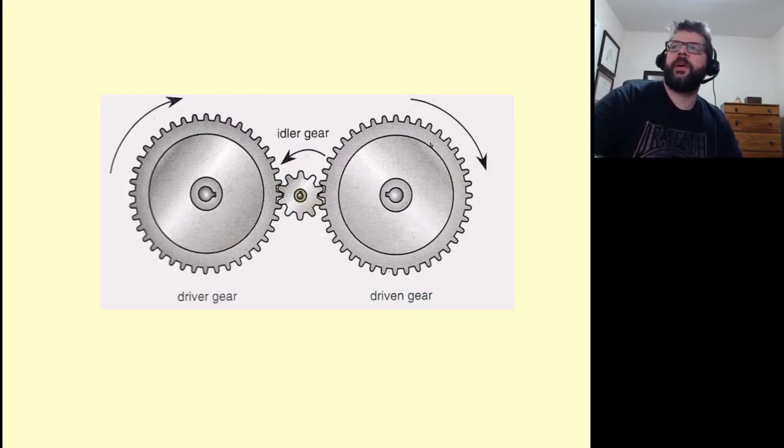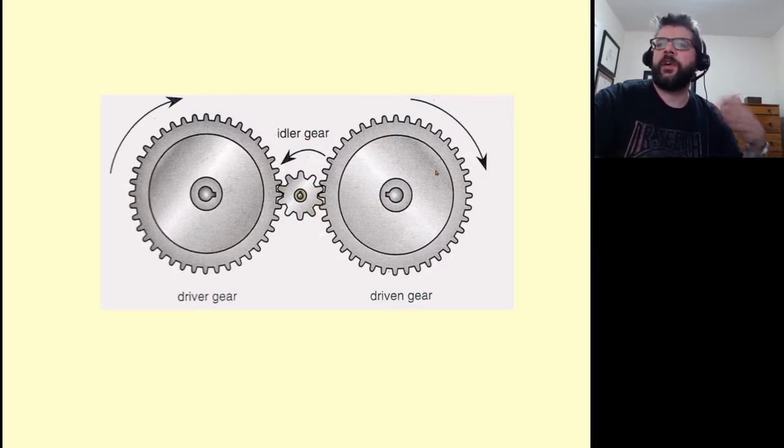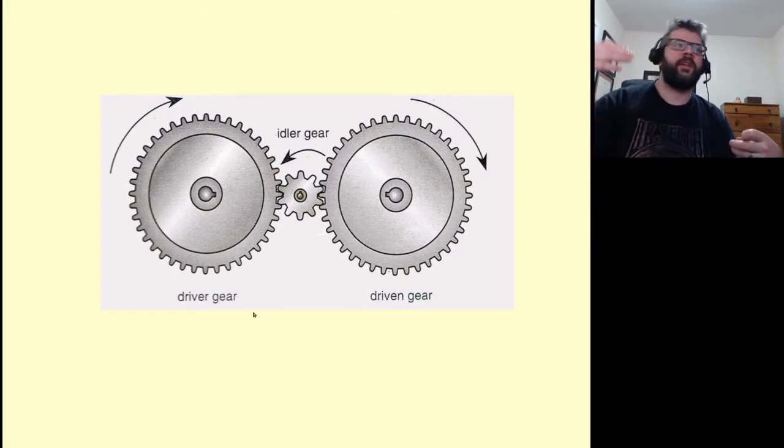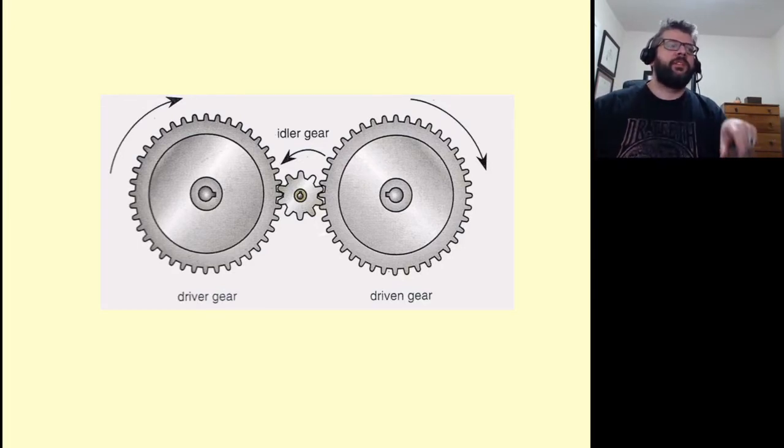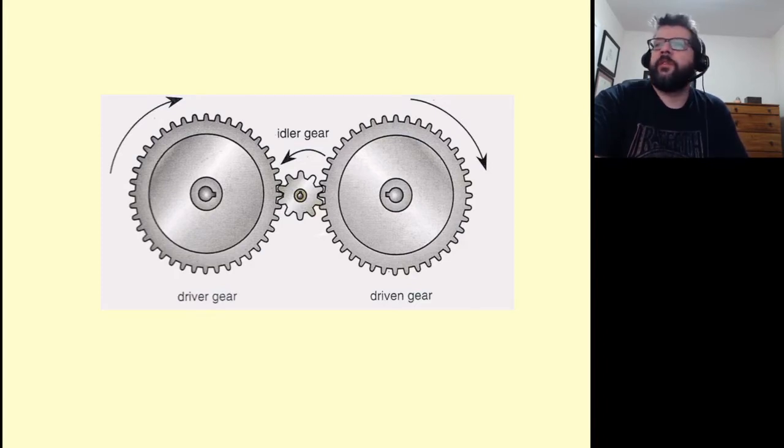But then when it gets back to the driven gear, each rotation of the idler gear causes a fraction of a rotation of the driven gear. So the net effect is to just offset the axis of rotation between the driver gear and the driven gear, because they have the same number of teeth.